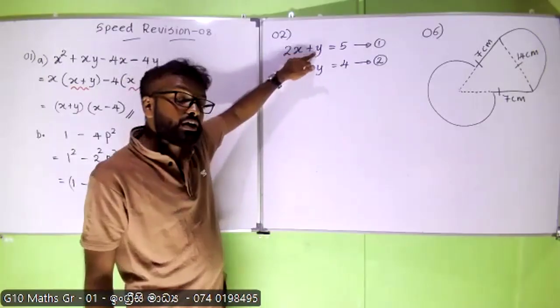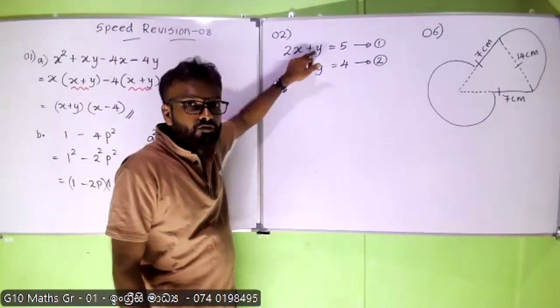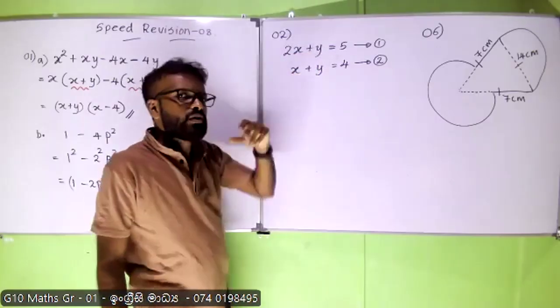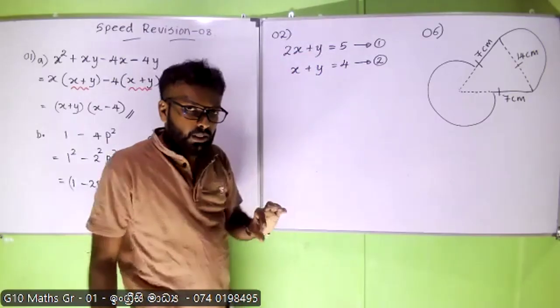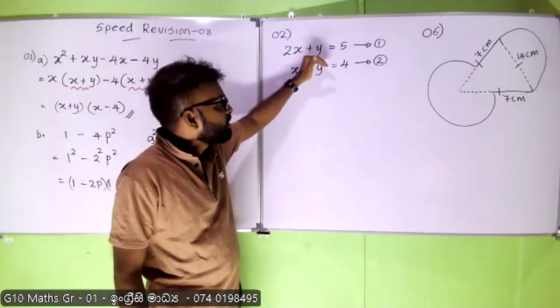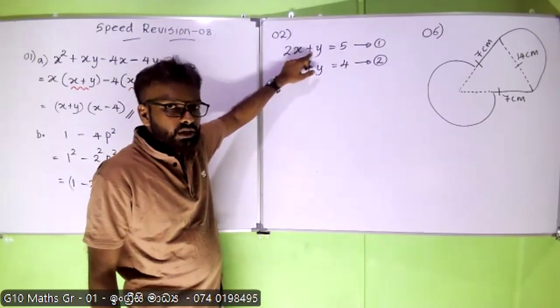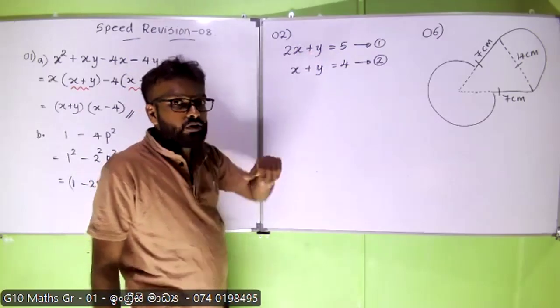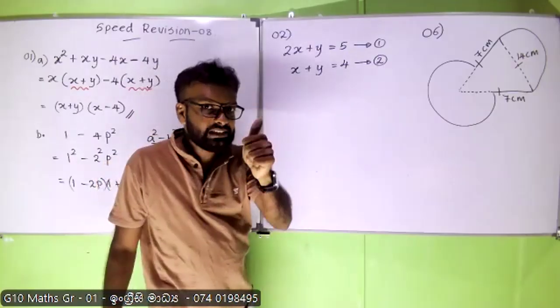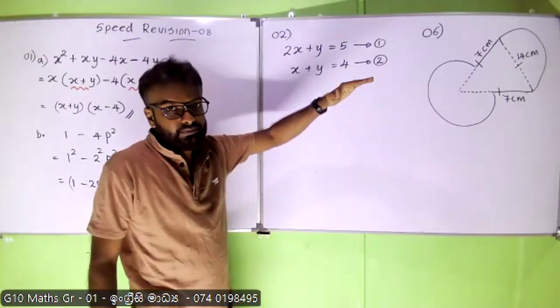In front of y, there is a hidden term called 1. 1y, 1 times y. So the coefficients are equal in the y term of the two simultaneous equations. Perfect. That is the term that we are going to eliminate.